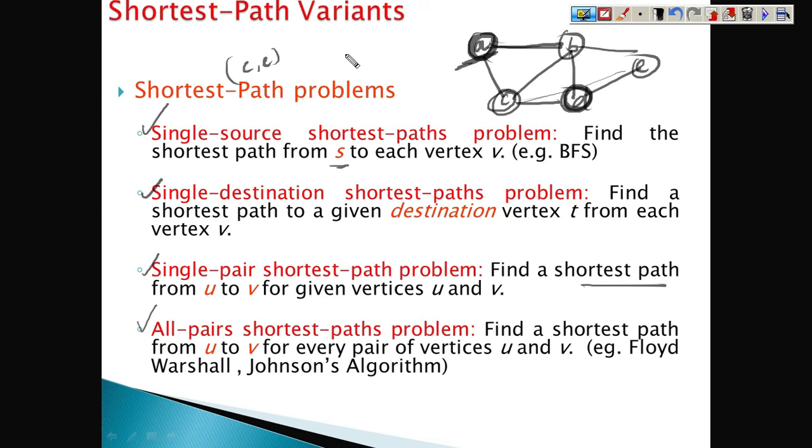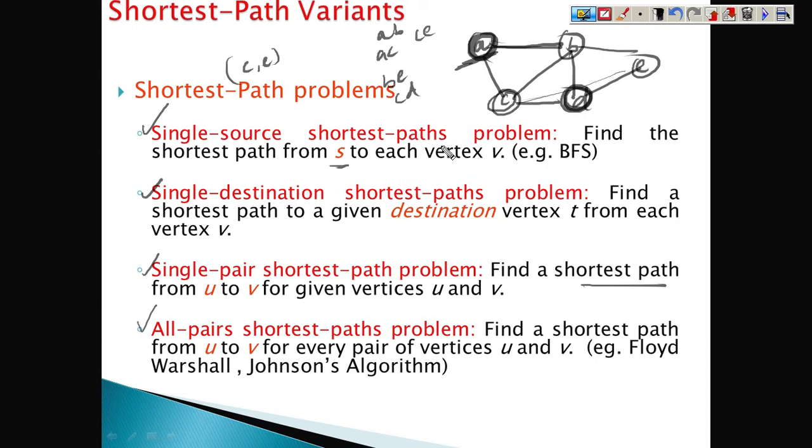I want to know the shortest path between AB, between AC, between BE, between CD, between CE. So for all possible pairs that you can see in the graph, we want to know the shortest path between the pair.